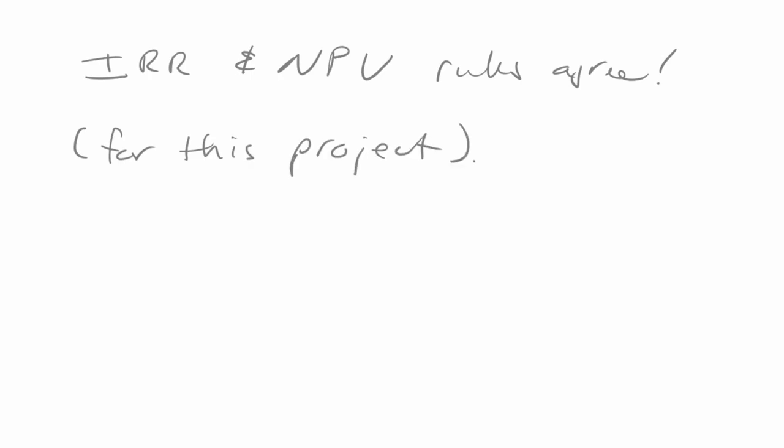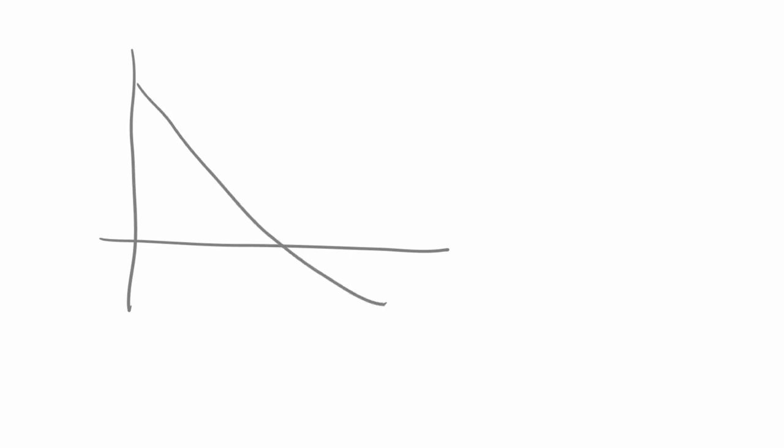But it's actually kind of general reasoning. Any time you have a project where the NPV as a function of R looks like this, something like this, then the IRR and the NPV rules will agree by the same reasoning as I just told you.